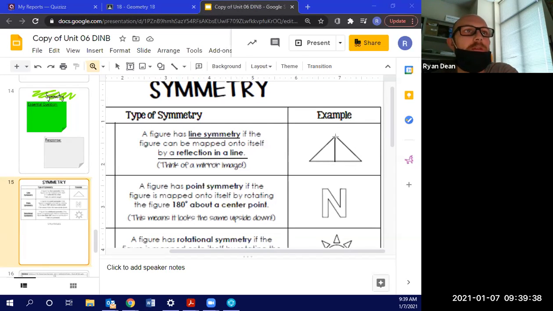So if I were to take this line right here and call this my line of reflection, and pretending that this was a piece of paper, if I were to fold my piece of paper and take this corner right here and fold it over the top like this, so I'm folding it along this line, this is my fold line.